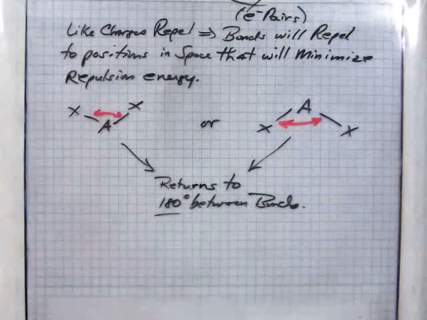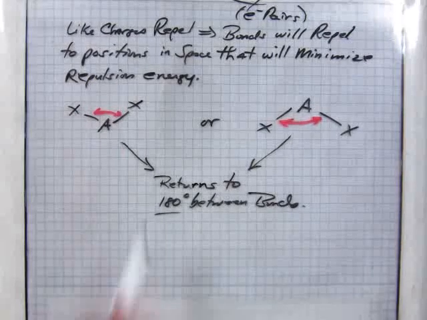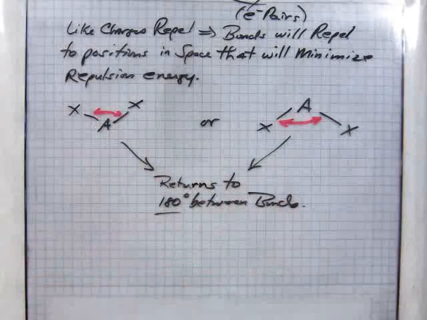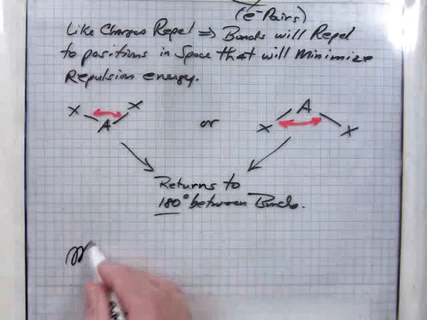This is a natural phenomenon. Opposites attract and likes repel. Well, if you have negative charges on both sides and they repel with equal force, then they're going to repel to positions that will minimize that repulsion effect. It's like a coil spring.